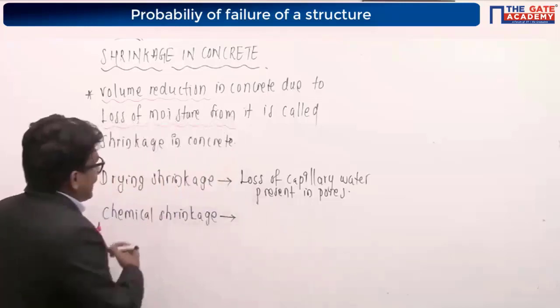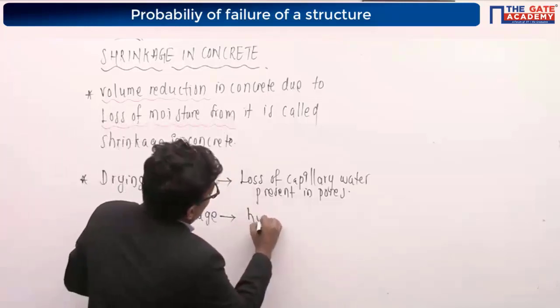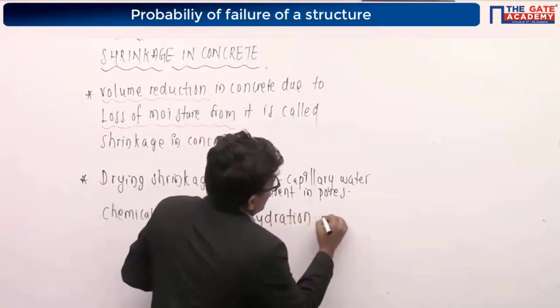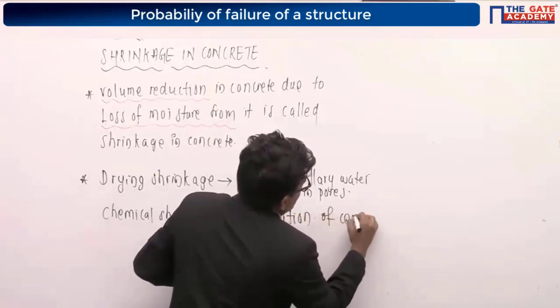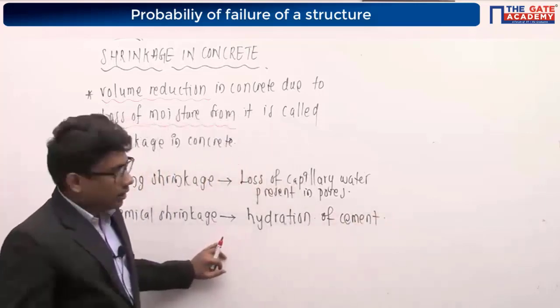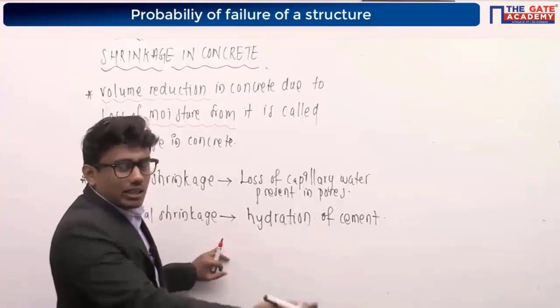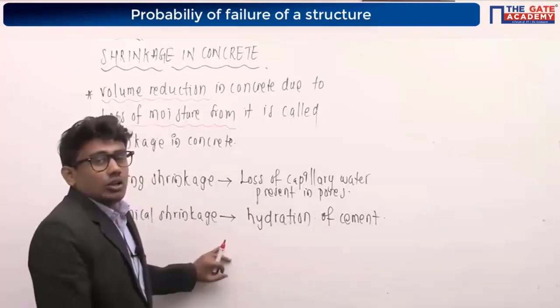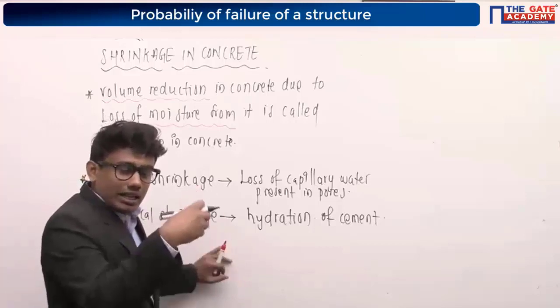And one more thing is there, chemical shrinkage, which will occur due to the hydration of cement. Hydration of cement is actually a chemical process with cement and water. It's an exothermic reaction. Due to this reaction, the heat will be evolved.